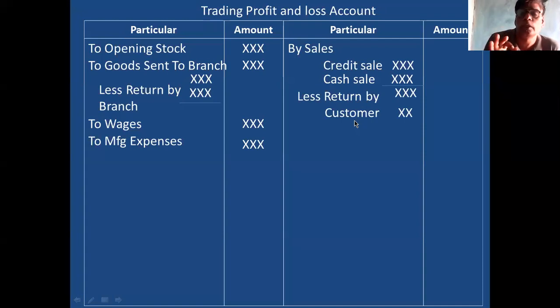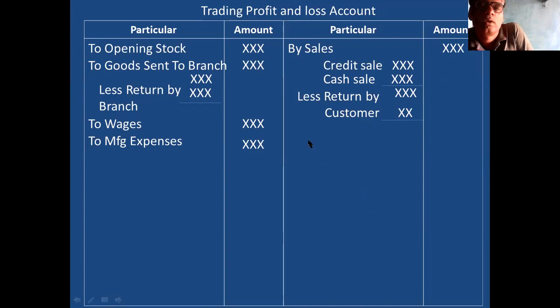Remember this point. Less return means this is the sales return or return by customer. Remember this word. This is very important. Sales return or return by customer, you deduct in the total sale. Then whatever answer comes, that is called as net sale. What is the next item?